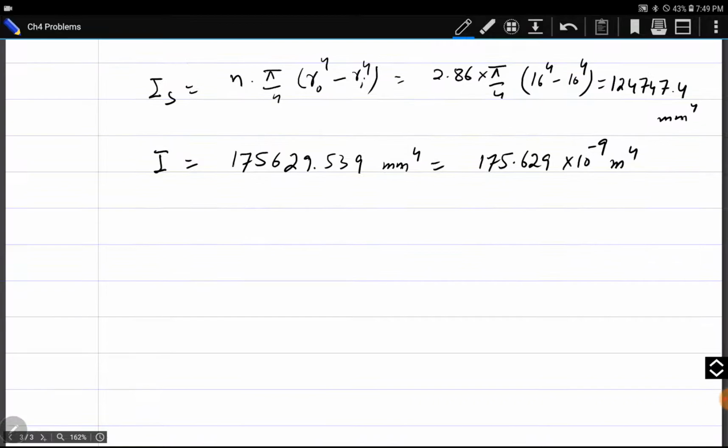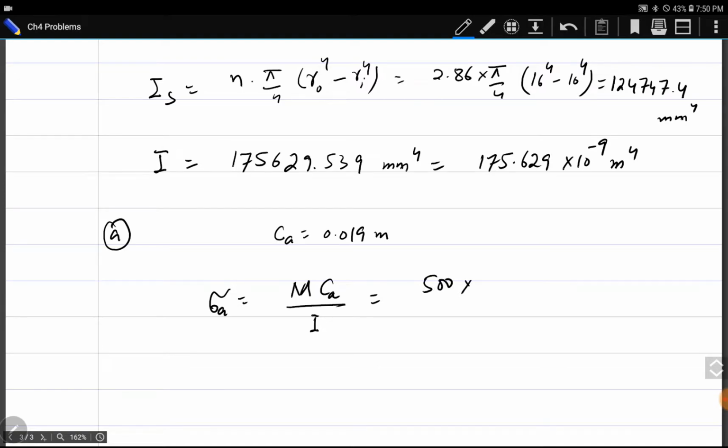So maximum stress in part A, maximum stress in aluminum, C for aluminum is its outer radius, which is 0.019 meters. So sigma aluminum is M C for aluminum divided by I. M is given to us, 500 Newton meters.